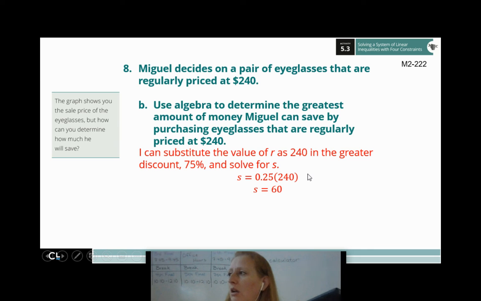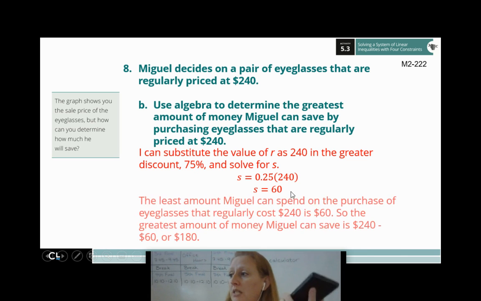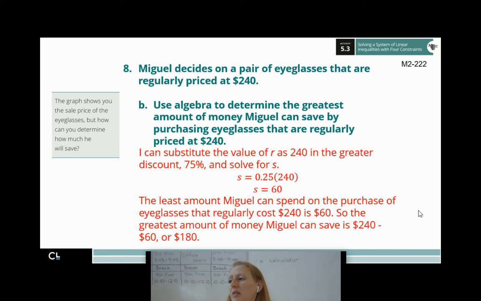Awesome. And that's the least amount he would spend. So if we did 240 minus 60, the greatest amount of money he would save is $180.